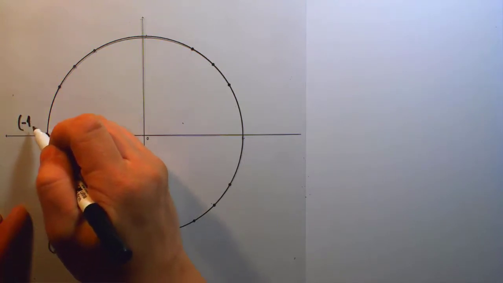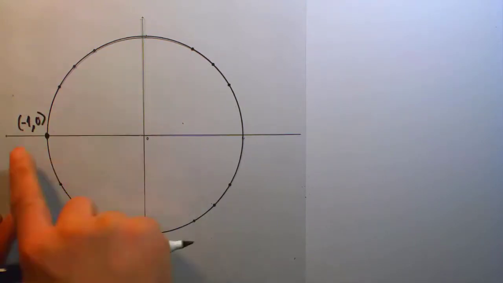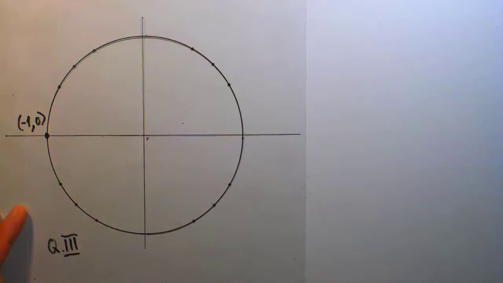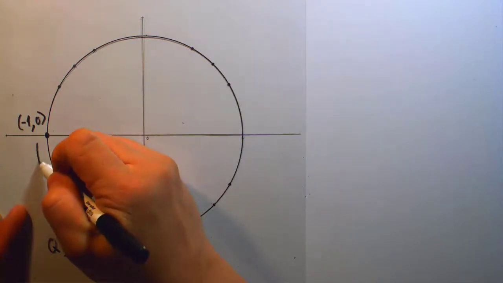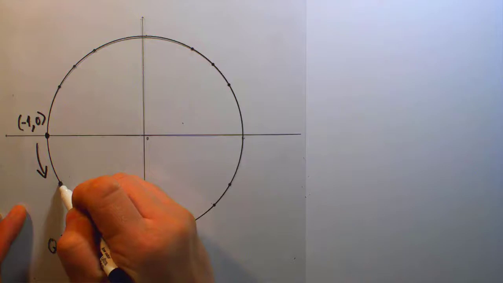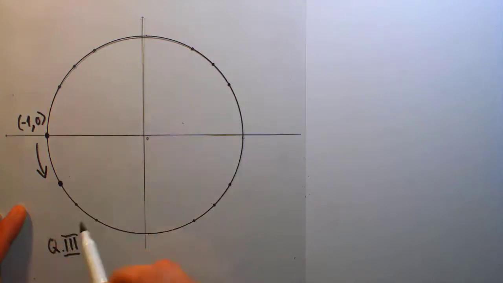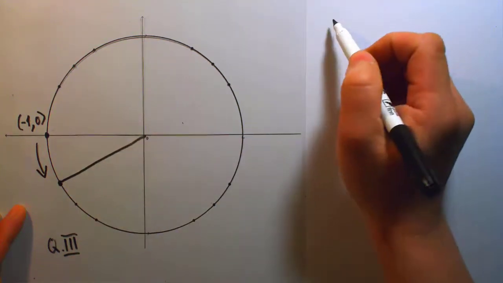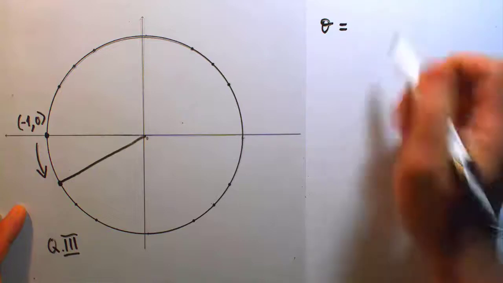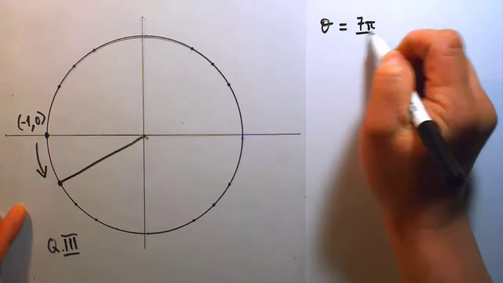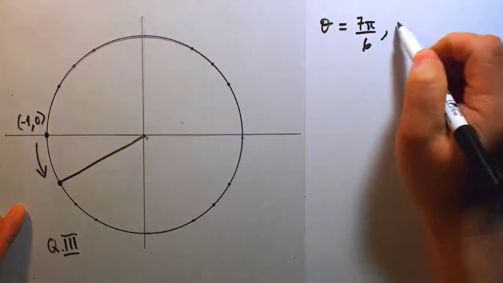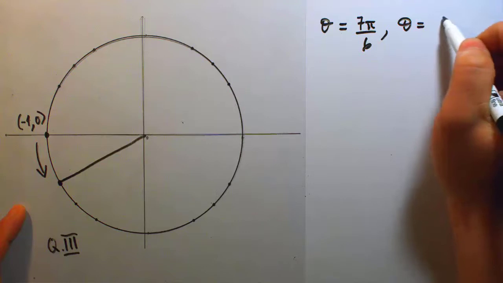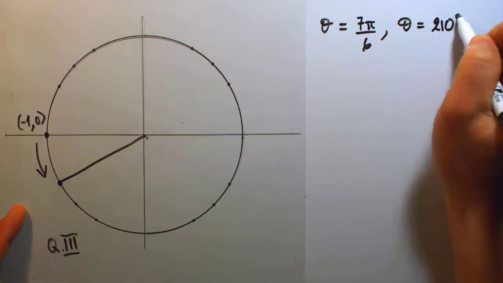The coordinates on the unit circle are (-1, 0), or cosine of pi equals -1, and sine of pi equals 0, as a reminder. Now let's let our terminal point rotate down to that other point right here. That point on the picture is where my angle theta equals, say, 7 pi over 6, or in degrees, the angle theta equals 210 degrees.